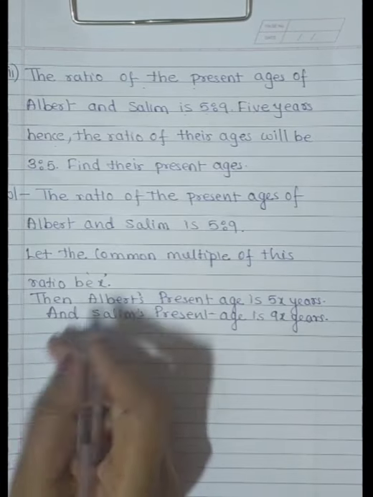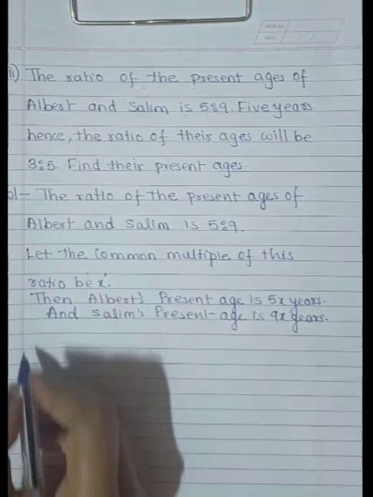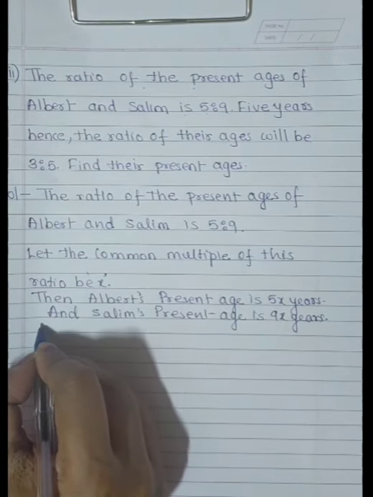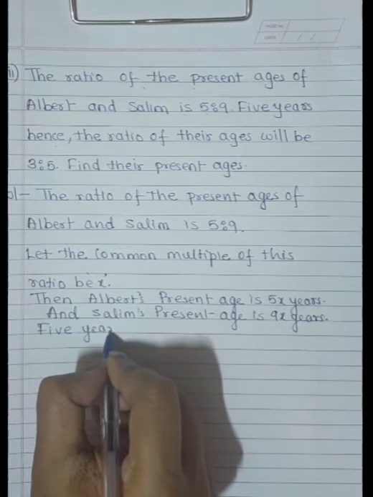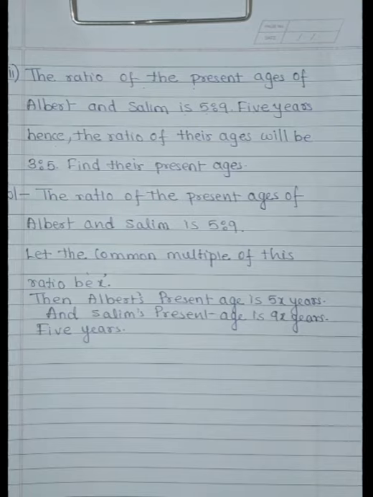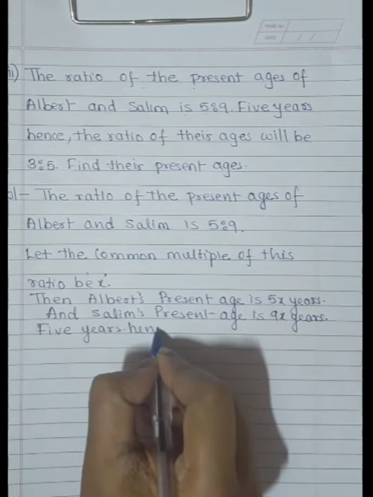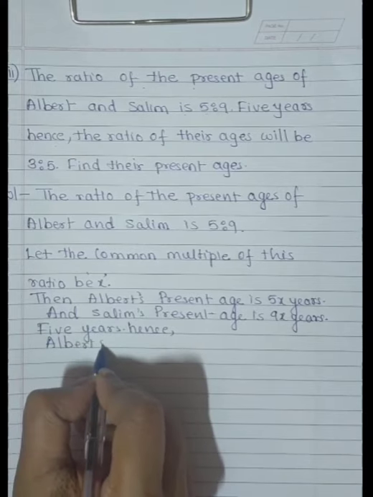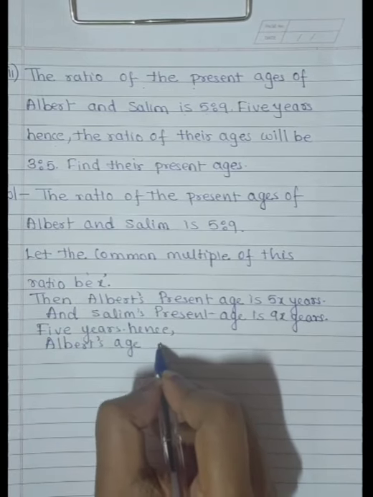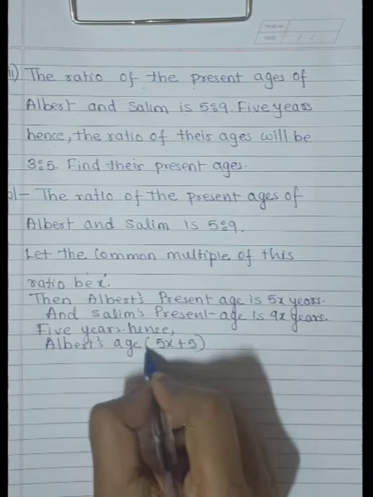Now after what we say in the question, 5 years hence, so we'll take 5 years hence. I am writing the question statements, whatever question statements are given, I am writing the same. The 5 years hence, Albert's age will take 5x plus 5.